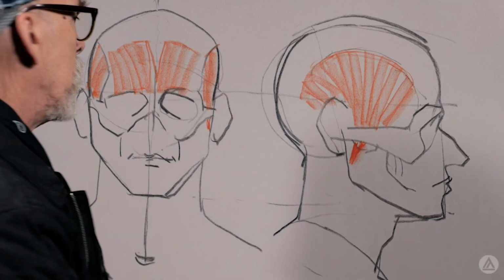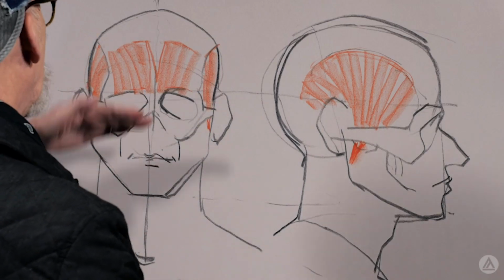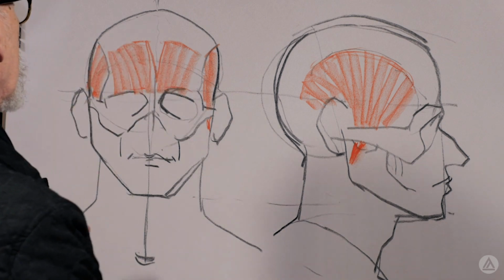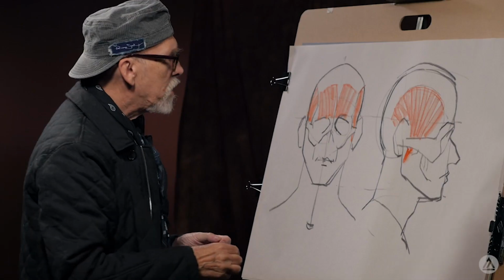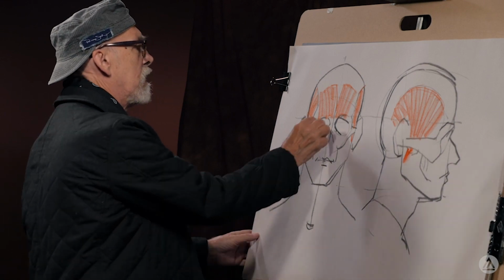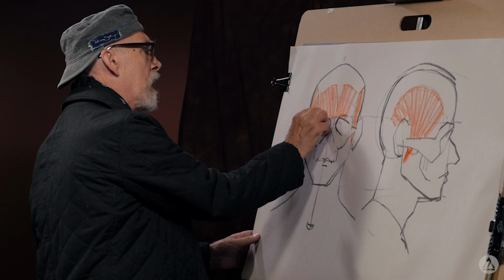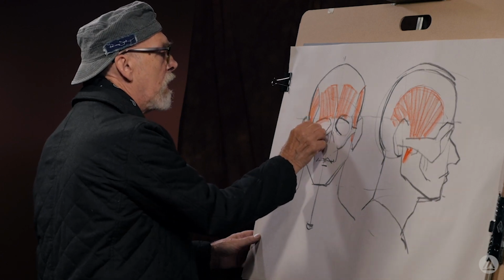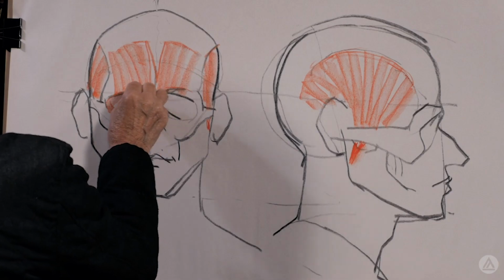The next major muscle that we get to coming down is the orbicularis oculi, and that's the muscle that makes it possible for us to wink, to squint, and that is an orbital muscle that wraps around the eye.